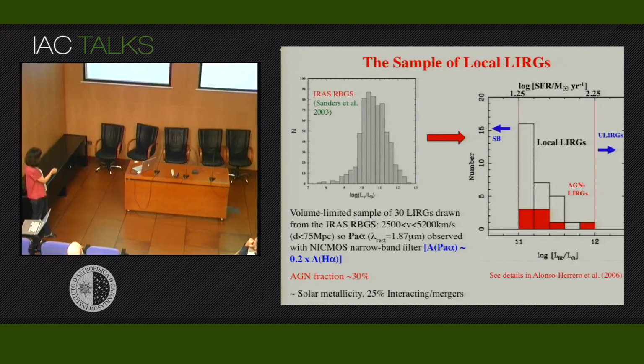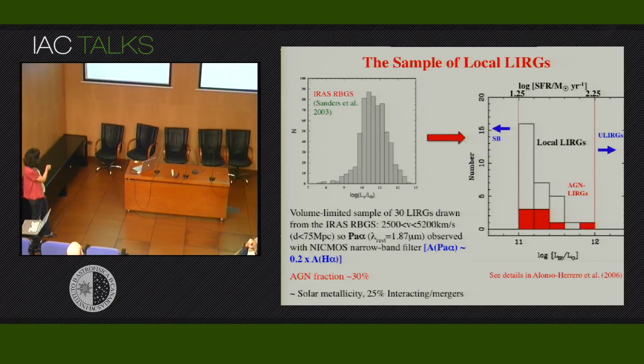Why we wanted to use Paschen alpha instead of H alpha, for instance, is because the extinction gets greatly reduced in the near infrared. Since we know from optical spectroscopy that these galaxies have relatively high extinctions, you want to study them in the near or the mid-infrared. So from this large sample, we just limited our sample in volume, so we could actually observe them in Paschen alpha using one of the NICMOS narrowband filters. That's the only restriction, just the distance.